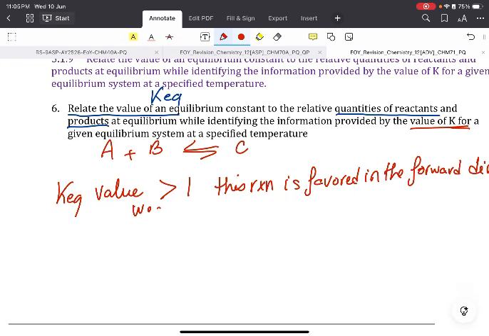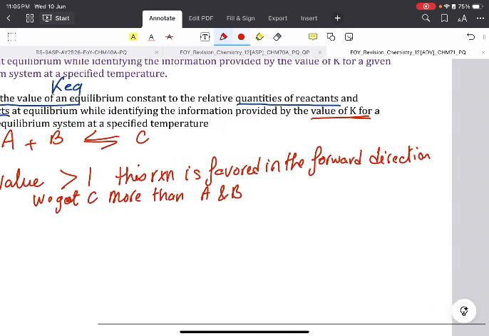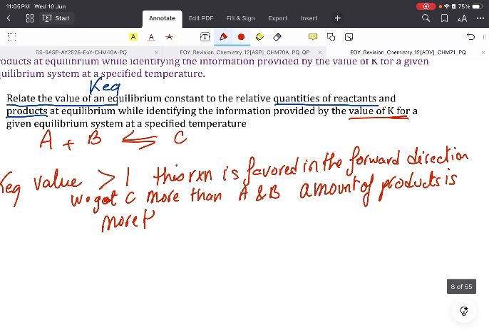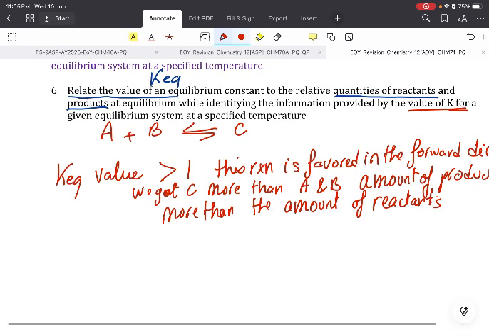It means we get C more than A and B. So we can say that the amount of products is more than the amount of reactants. And I'm going to explain to you again why.